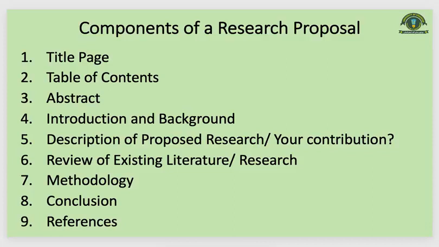So there has to be a title page, a well-structured, nice title page, table of contents, an abstract, the introduction and background, description of proposed research and your contribution, review of existing literature or existing researches done on the topic, the methodology of that research, a proper conclusion, and then references at the end. Now we will discuss all of these one by one.